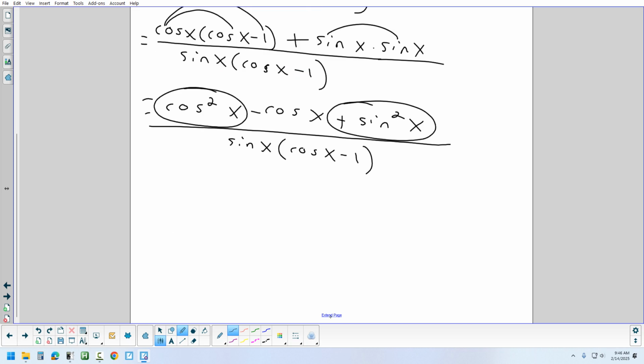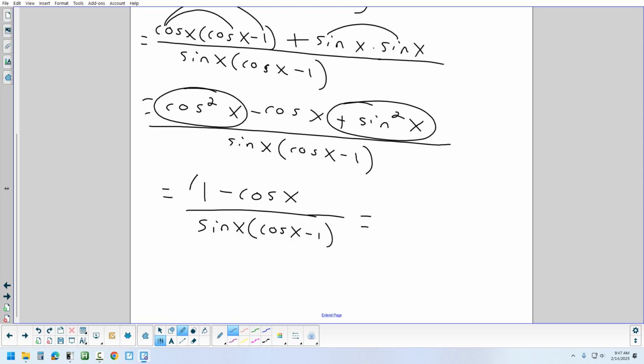So now in the top, you have 1 minus cosine of x, close to what's in the bottom, but we're going to get it. We're just about there. So we have 1 minus cosine in the top, and we have sine times cosine minus 1 in the bottom.